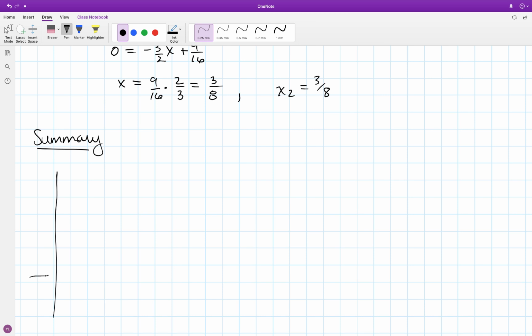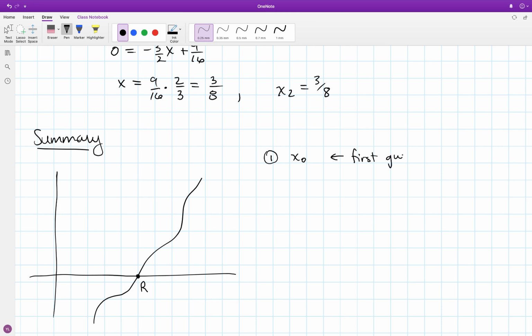So, we had some function that we knew crossed the x-axis at some mystery point. Our first step was to make some educated guess, somewhere hopefully close to the root.